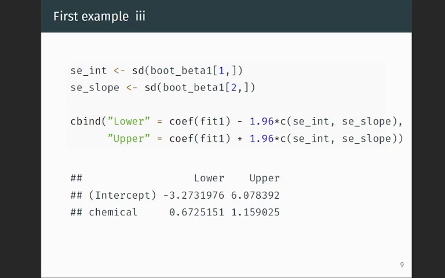For the intercept, we get from negative 3.27 to 6.07 or 0.8. For chemical, we get 0.6725 and 1.16. You can check that this is actually pretty close to the Eicker-Huber-White confidence intervals that we derived in the previous lecture.